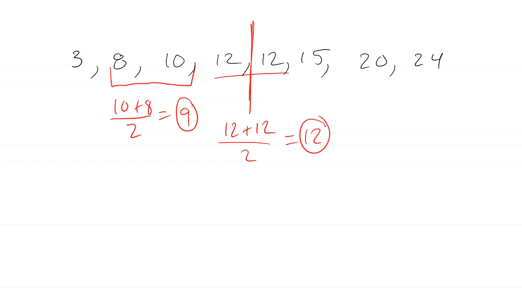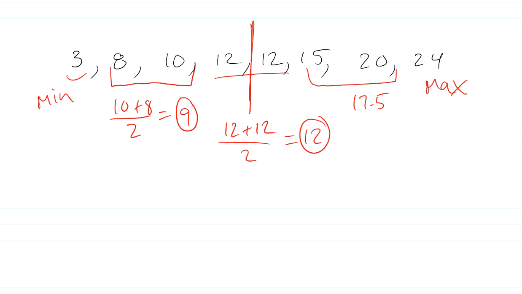The 12 is the second quartile, or the median. And then my third quartile is the median of the upper half of my data. When I add 15 and 20, I get 35, and half of 35 is 17.5. So Q3 is 17.5. The other values I know are the minimum is 3 and the maximum is 24.